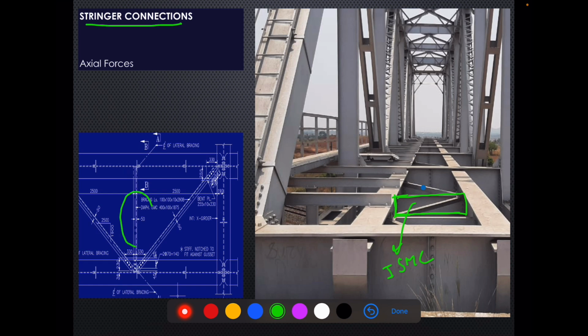This is a diaphragm, you can say. See carefully, there is an ISMC here. Then there are other bracing members kind of arrangement also. This is diaphragm ISMC, and these are angle sections. So this is how two stringers are connected with each other. These stringer connections are mainly designed for axial forces.